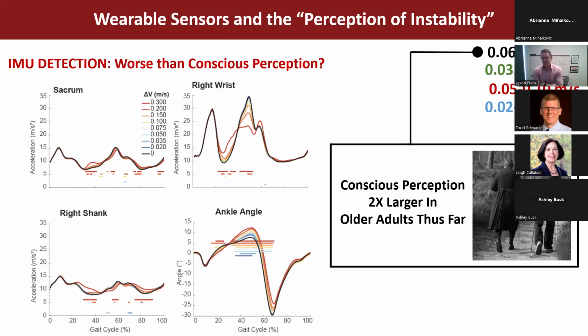So as I close out, what are we doing from this now? Well, if you repeat this experiment in older adults, which we're doing, we have to do more of, at least so far, this notion of did you feel that? That conscious perception threshold is twice as large for older adults. I don't know.